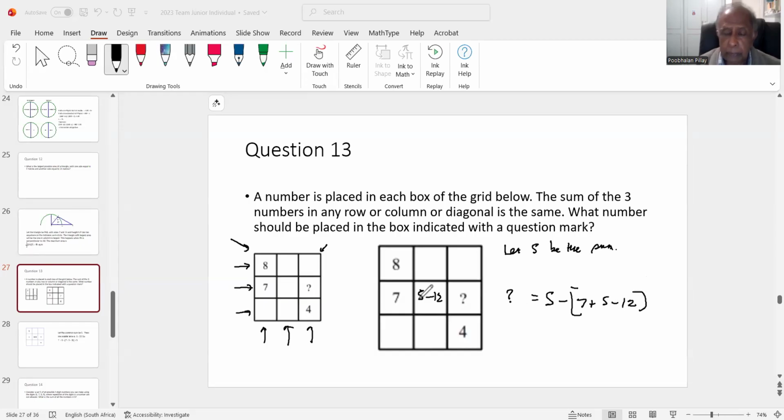This is S. So 7 plus S minus 12 is S minus 5. So what must you add to S minus 5 to get S? The answer is 5. So the answer is obtained straight away. I've used all three numbers. All right, so the answer is 5. When you simplify this, you're going to get 5.